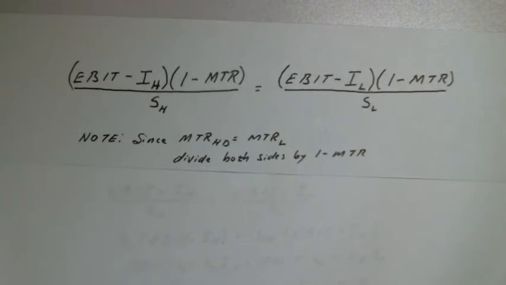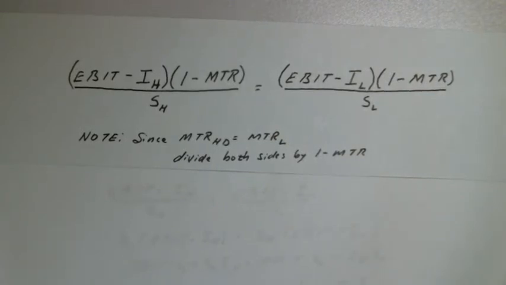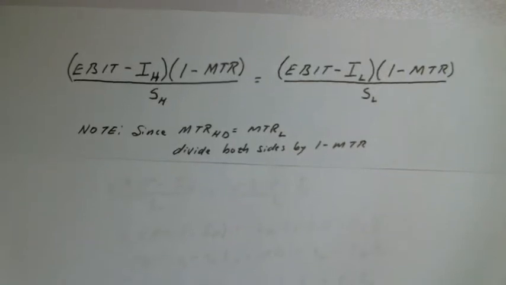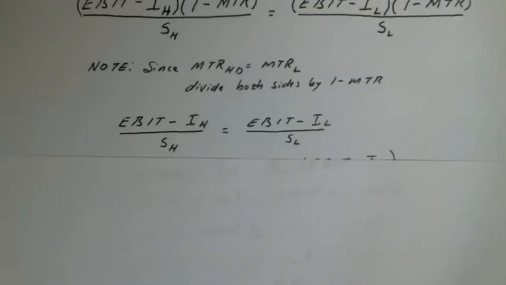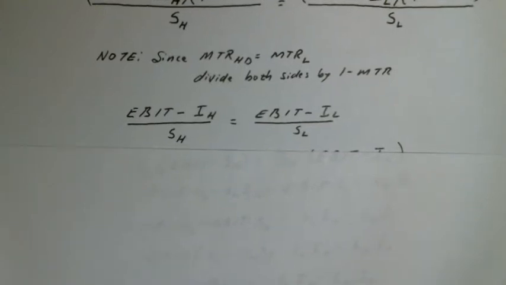In effect, it goes away. But algebraically, understand that I'm dividing both sides by 1 minus the marginal tax rate. So my equation is simplified already, and that will be the case for all future problems of this nature. I'm making that assumption.